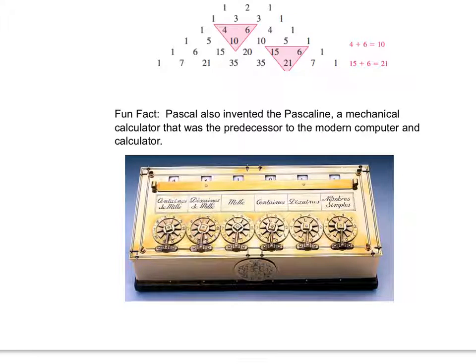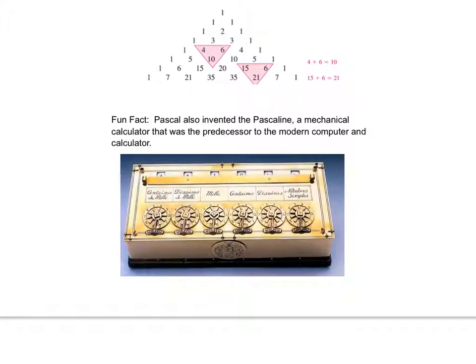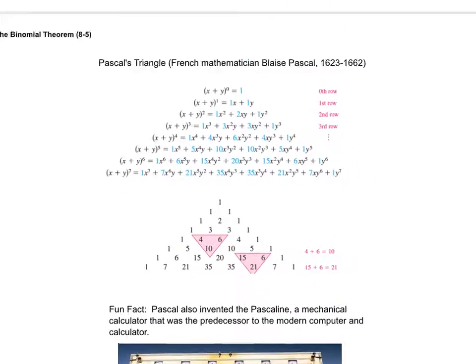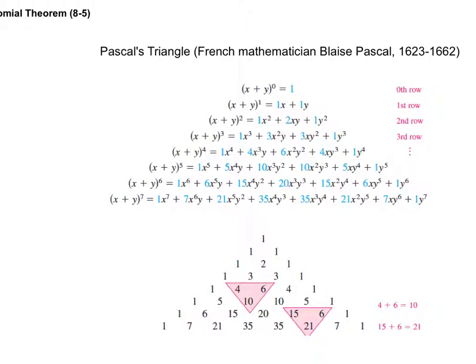And it could actually do addition, subtraction, multiplication, division. I think it even did square roots, which is insane. That's a cool invention of his. Replica, obviously. But let's take a look at Pascal's triangle.